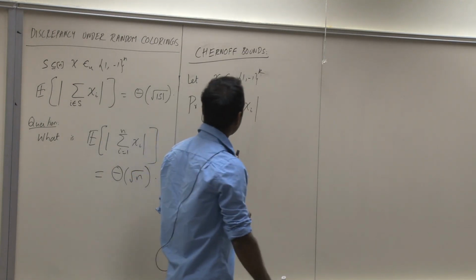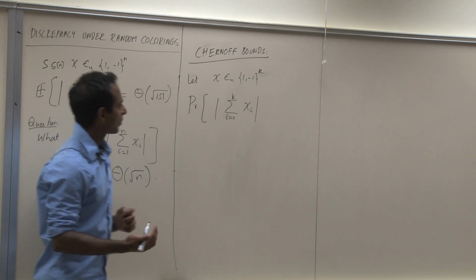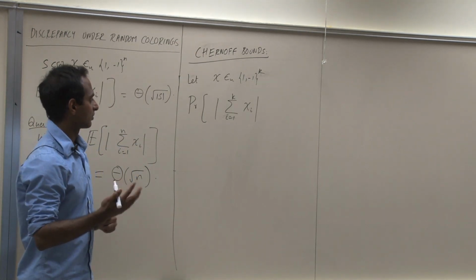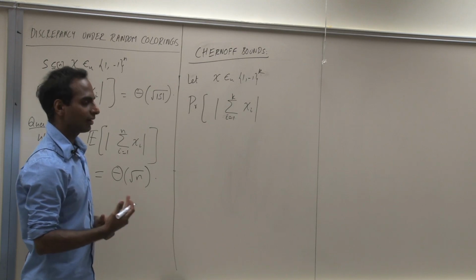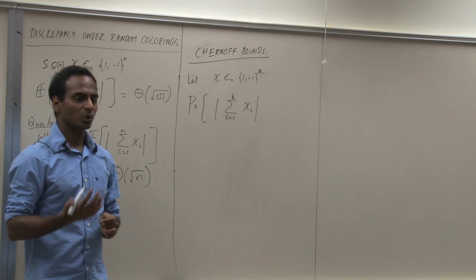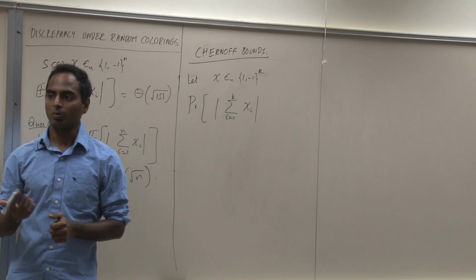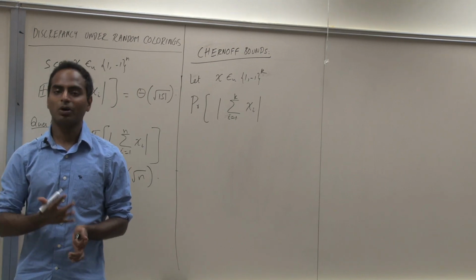Okay. But I also want to say something more. Not only is the expectation about square root of k, but the sum is actually close to square root of k with high probability. Most of the time it's about square root of k.